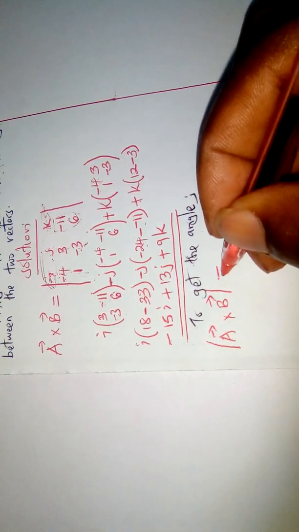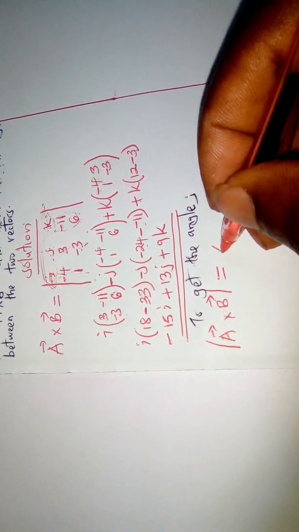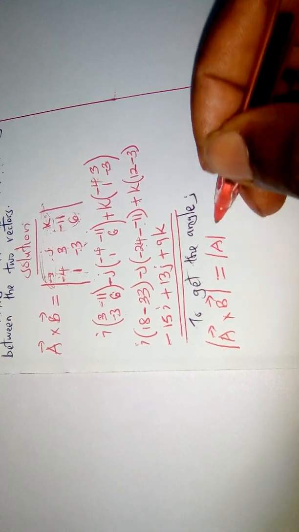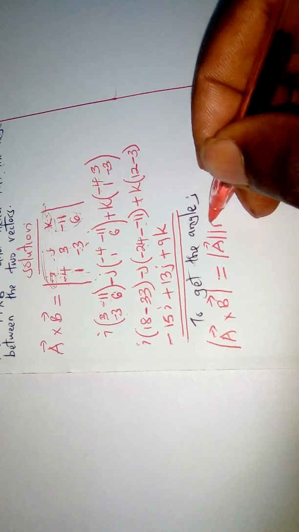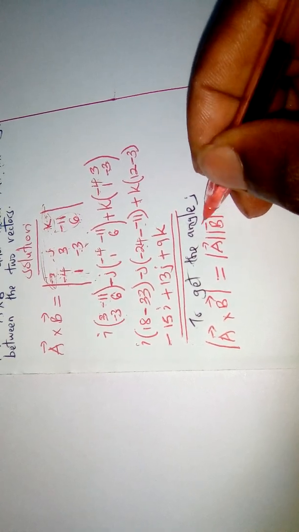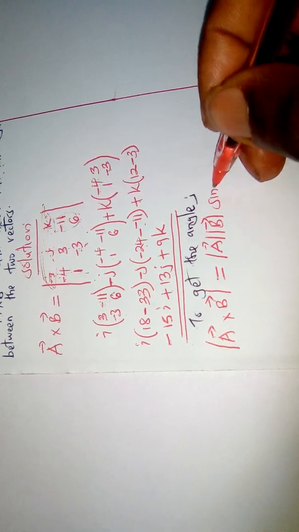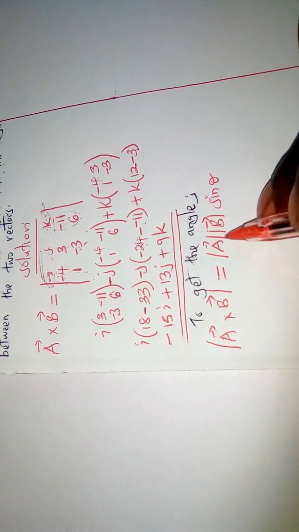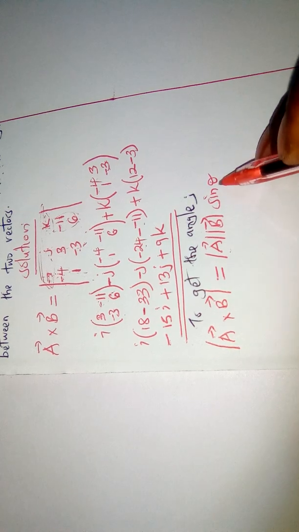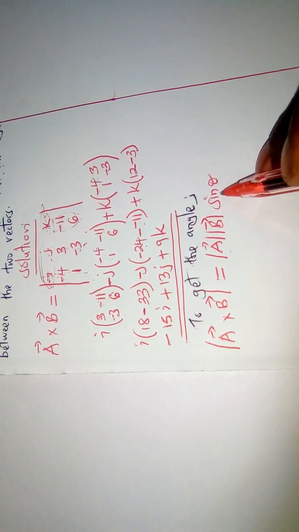After that, you are required to get the magnitude of individual a, that is vector a. Then you get the magnitude of individual b, that is vector b. Then you are supposed to get sine theta. So after getting this as well as this, I'll be getting sine inverse to get the angle.